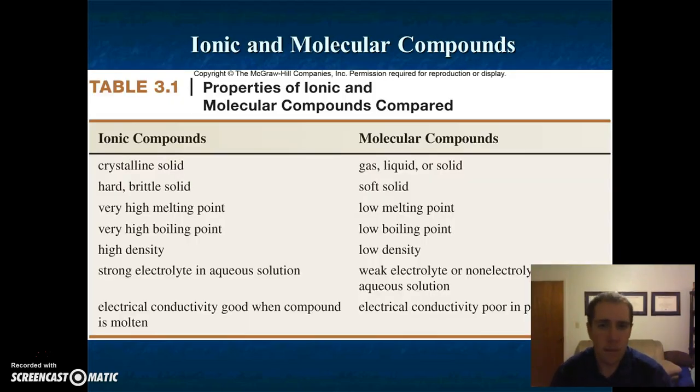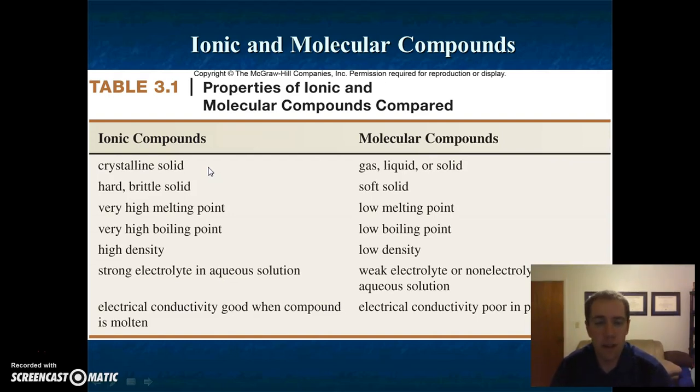So ionic compounds and molecular compounds have very different properties. I always suggest thinking of examples of an ionic compound and a molecular compound and think about what you know about them. A lot of these properties you already know. So think of an ionic compound. Let's start with salt. It's a crystalline solid at normal temperature. At room temperature, it's always going to be a solid.